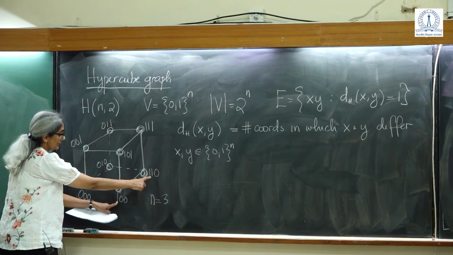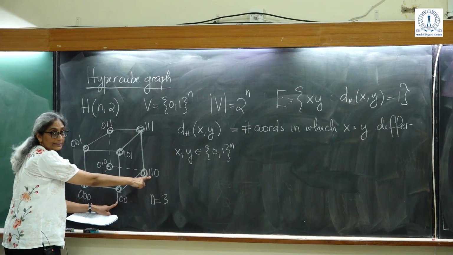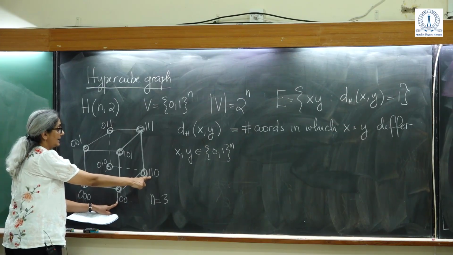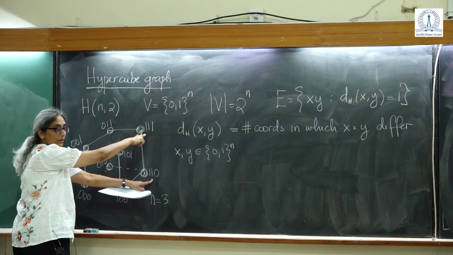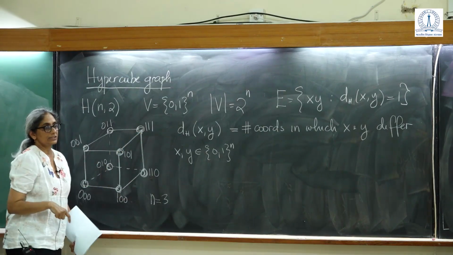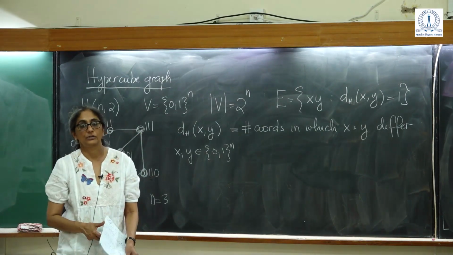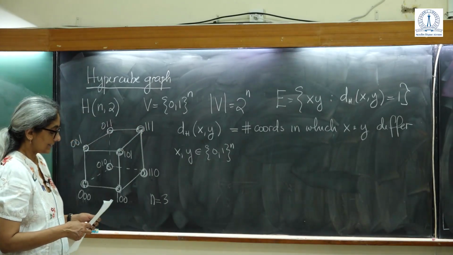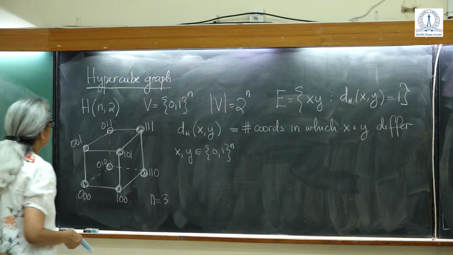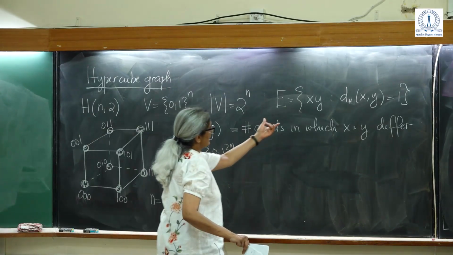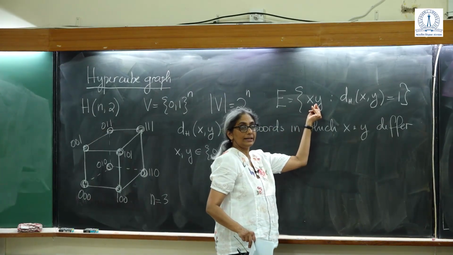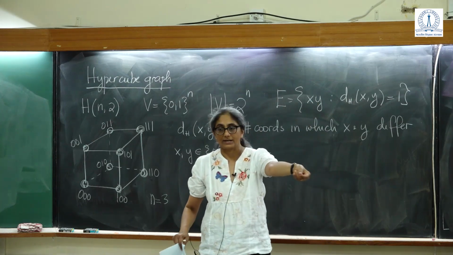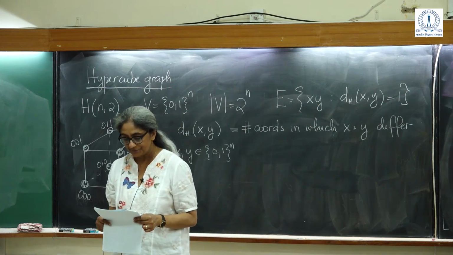This and this differ in exactly the middle position, so they are connected by an edge. This and this differ in one position, and so on. So that's the rule for connecting the edges if you don't want to think of it as coming from the cube. Edges I will often just write like this, x, y. It means that x is a vertex and y is a vertex, and that is an edge.